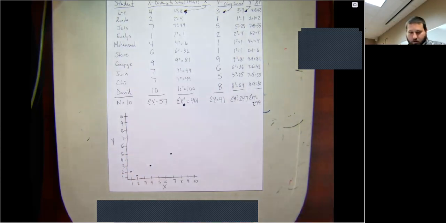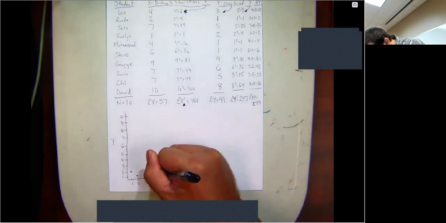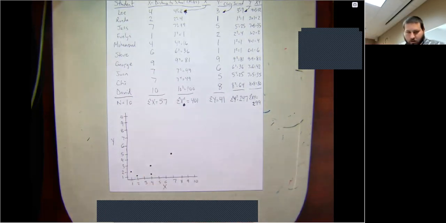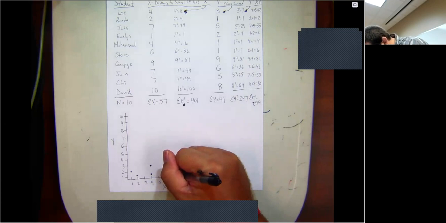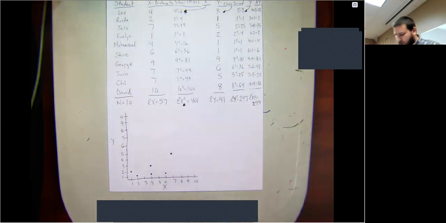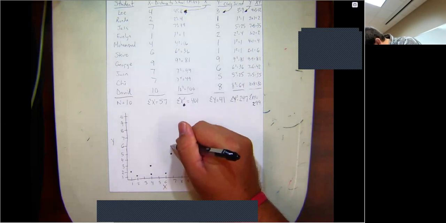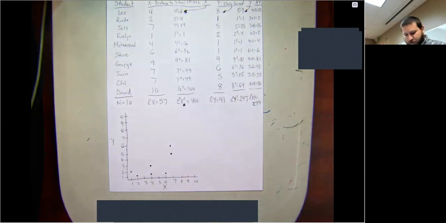Evelyn out 1, up 2. Mohammed out 4, up 1. Steve out 6, up 1. Juan out 7, up 6. Chi is the same as Jess, so out 7, up 5.